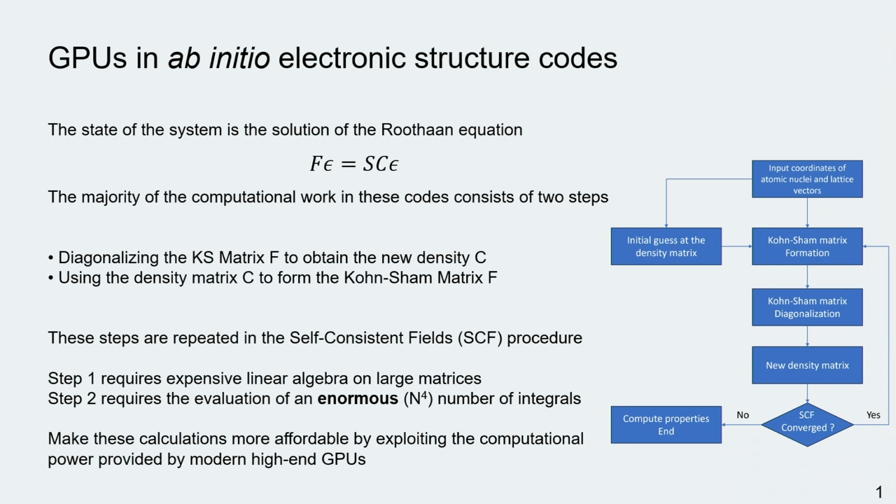Before screening, it should go as the number of atoms, electrons, or states, generally speaking, in your system to the power of 4. So you can imagine this number grows quite quickly. More on that on the next slide. These calculations are very expensive. They account for quite a large fraction of most HPC systems. And what we want to do is see if we can make these calculations more affordable by exploiting the computational power of GPUs.